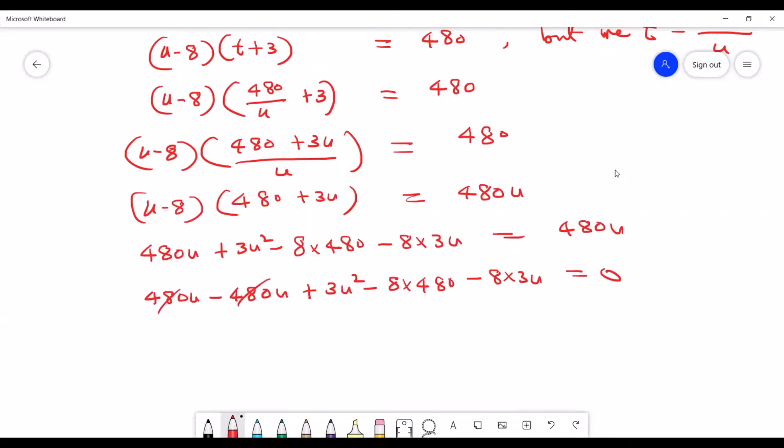So 480u and 480u will get cancelled. So we will get 3u square, then minus 8 into 3u, then minus 8 into 480 equal to 0. See here, 3 will go everywhere, so divide everywhere.